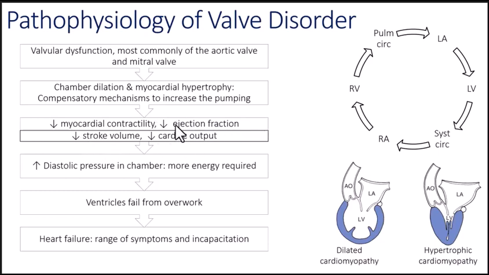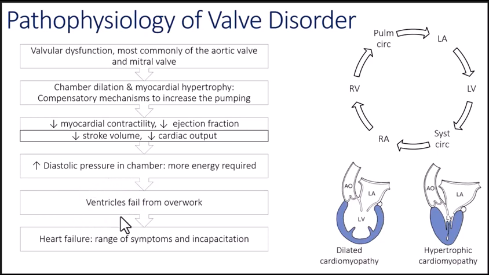And we talked about the term ejection fraction, which is just the percentage of blood or the fraction of blood that is in the heart that is pumped out during systole. The increase in the amount of volume in the chambers, because we're not getting it out as well, leads to an increase in diastolic pressure, more volume, more pressure.